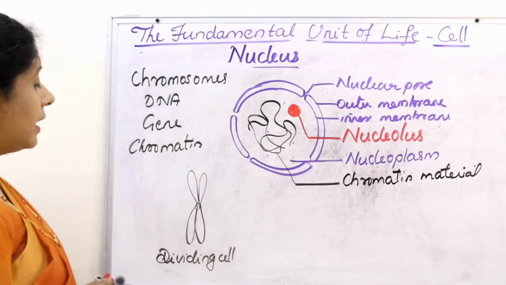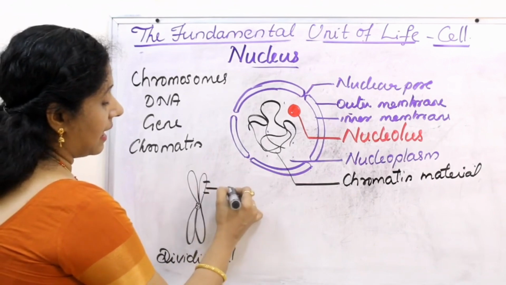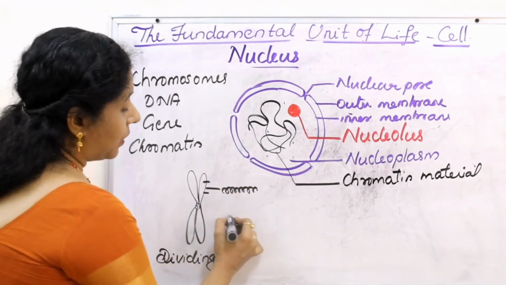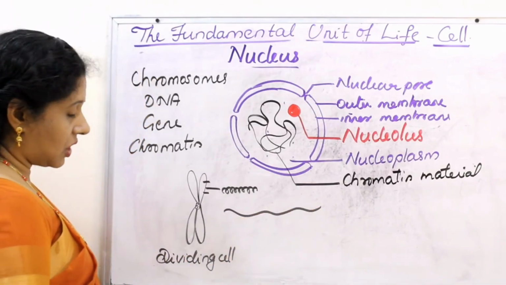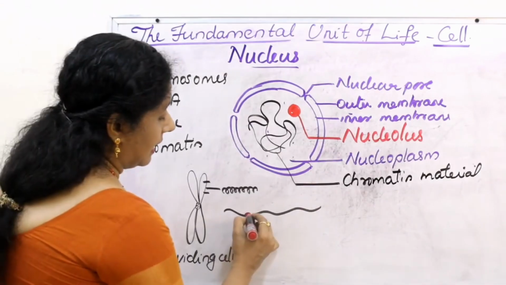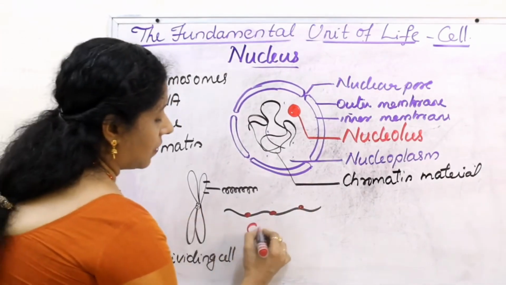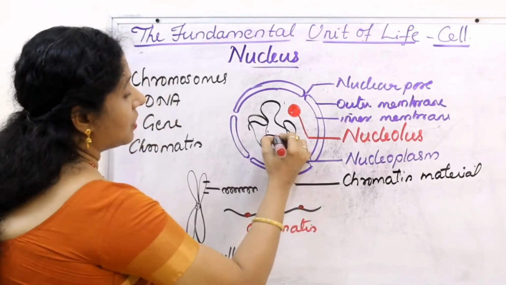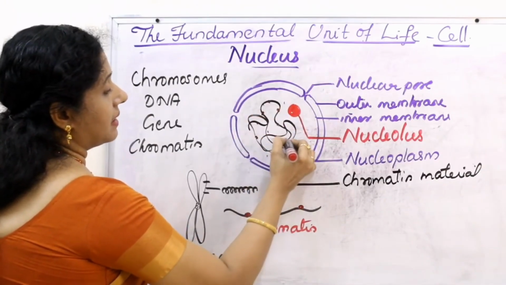Okay, so if you open this chromosome part, because it is a highly coiled structure, if you open that, you can see that it is nothing but made up of a structure like this. Okay, so this structure is called a chromatin. So this is the chromatin.